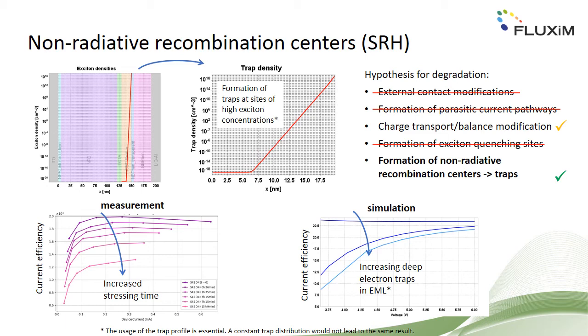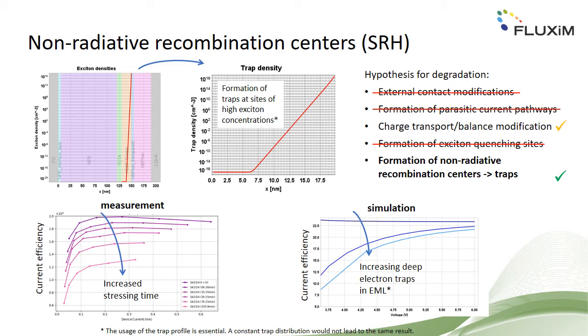We know that such trap states are predominantly formed at locations with high exciton concentrations. This has led us to assume that maybe at those locations we could introduce trap states in the simulation. So we just use the same emission profile as trap density profile.